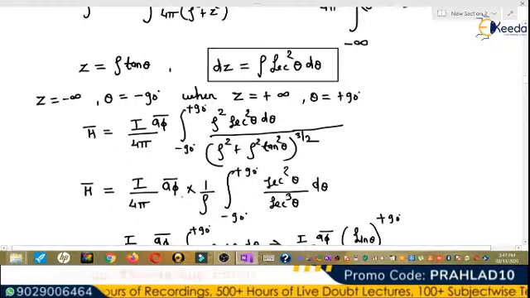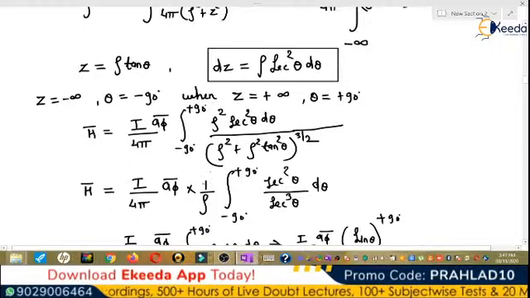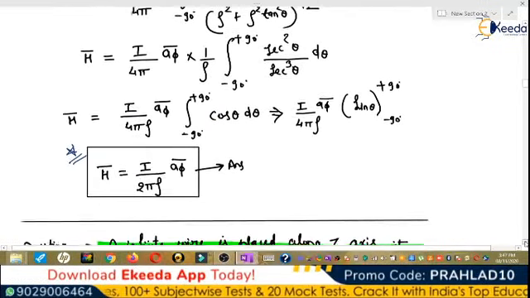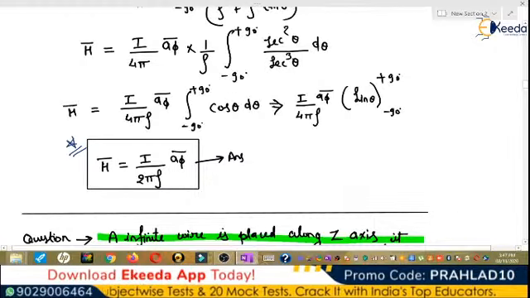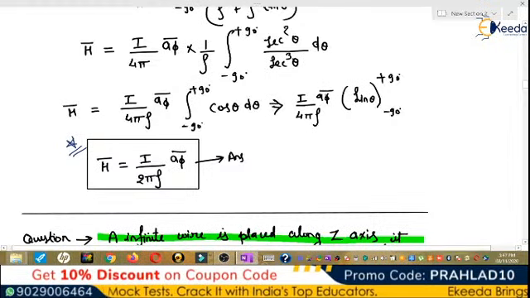So I by 4 pi a phi vector into 1 over rho, integral from minus 90 to plus 90 of sec square theta upon sec cube theta. So it is 1 over sec theta, which is equal to cos theta. So I by 4 pi rho a phi vector and the integration of cos theta, it is sin theta from minus 90 to plus 90. So H vector is I by 2 pi rho a phi vector.